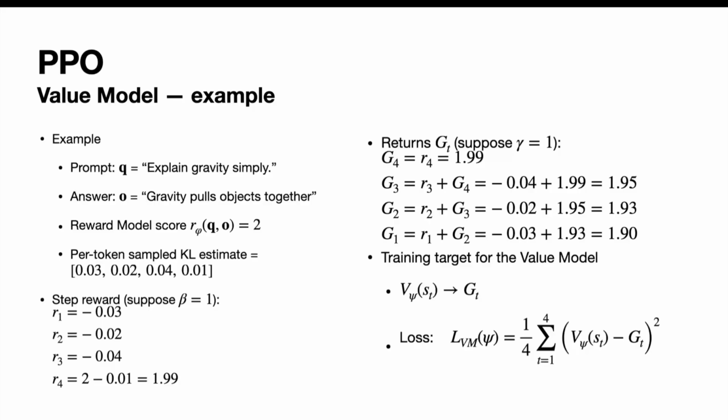These returns become the training target for the value model. At each position, the value head predicts a scalar value, and we want that prediction to match the corresponding return G_t. Plugging this in, the value model loss is the mean squared error between each predicted value, V_psi of s_t, and its target return G_t. Here, we average over the 4 tokens of this answer.